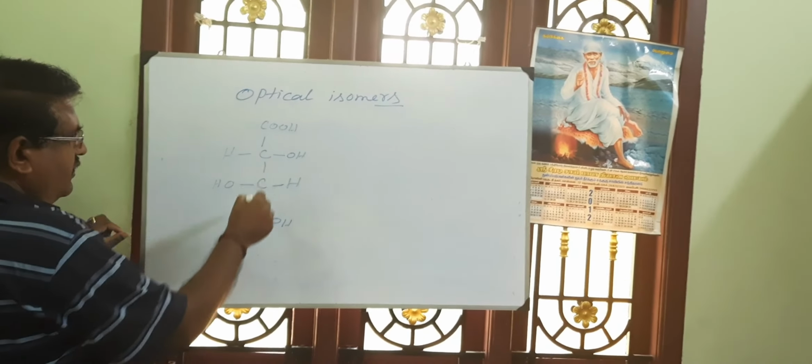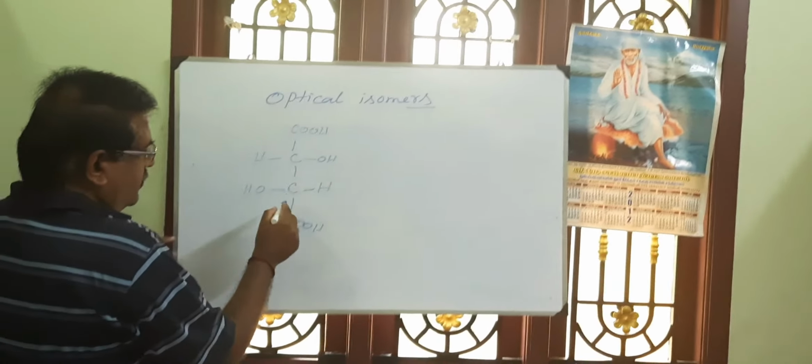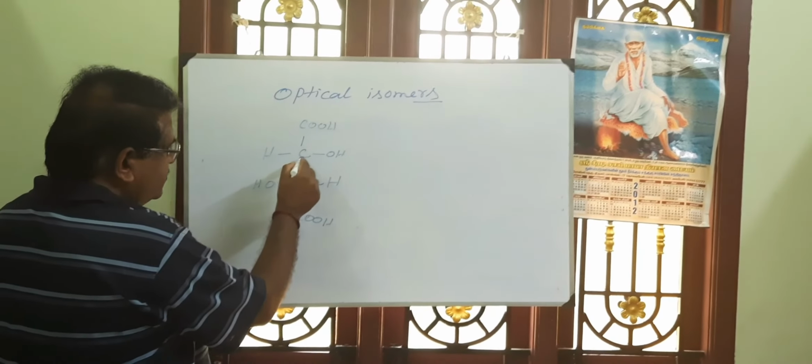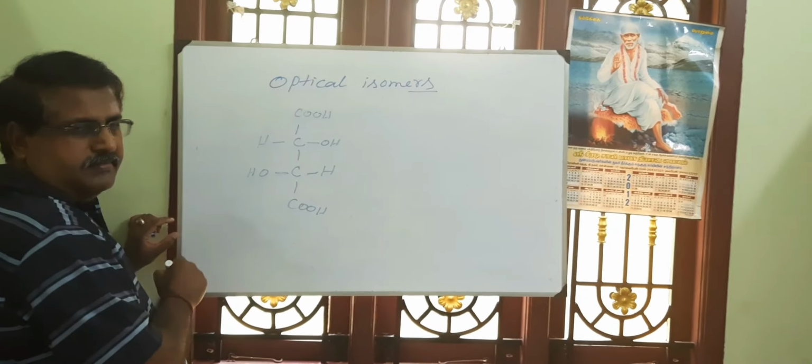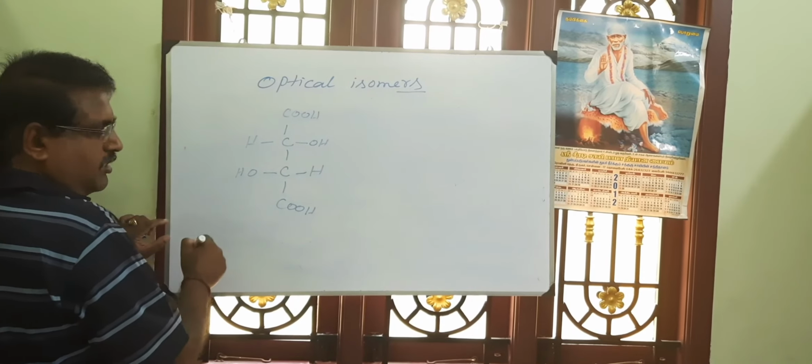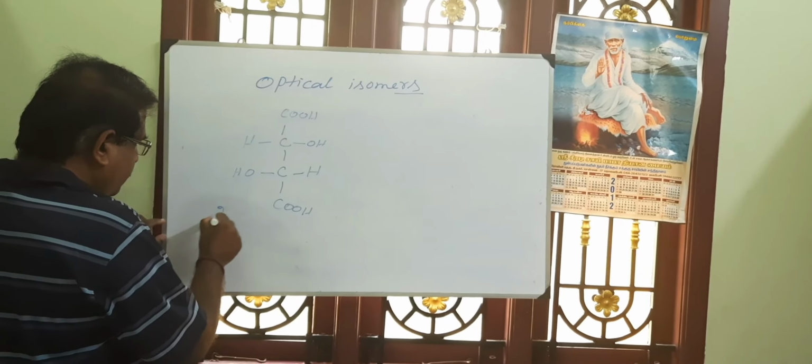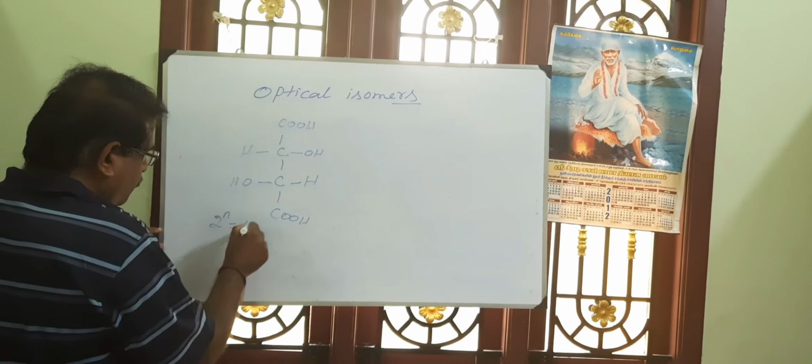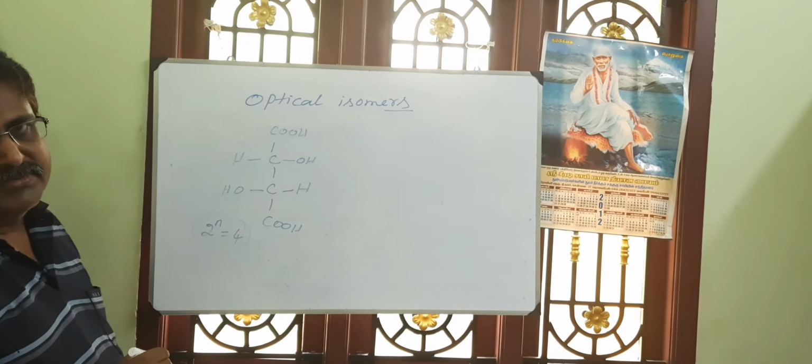There are 4 carbon atoms. So this is not a chiral carbon atom, this is not a chiral carbon atom, this is a chiral carbon atom, this is a chiral carbon atom. So this molecule has 2 chiral carbon atoms, so we expect 2 power n, 4 optical isomers for this molecule.